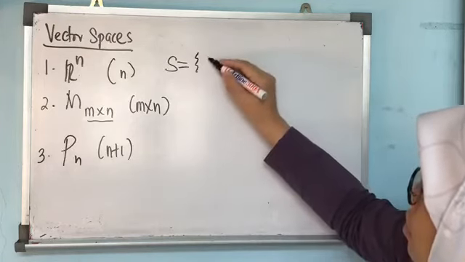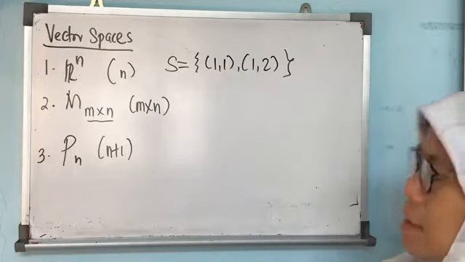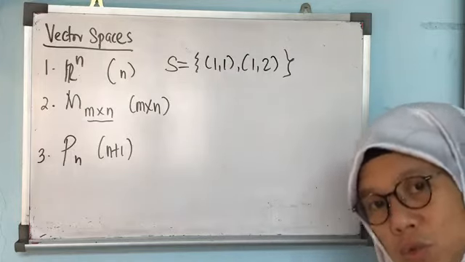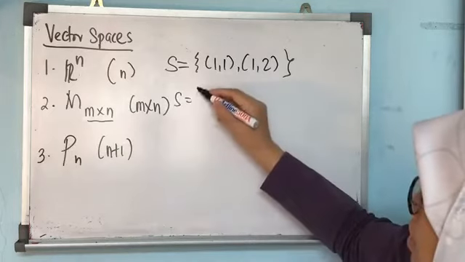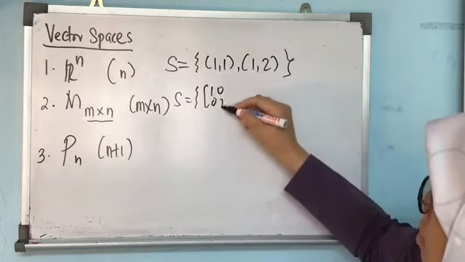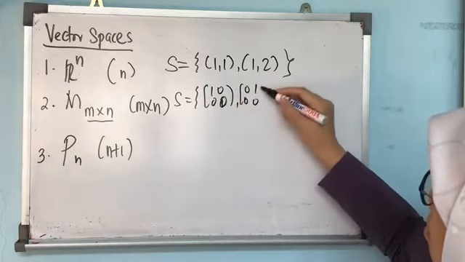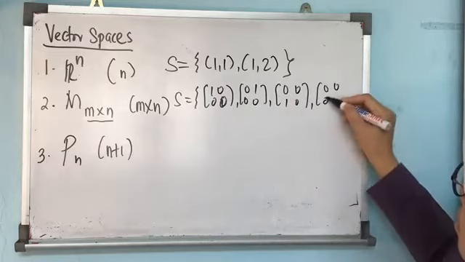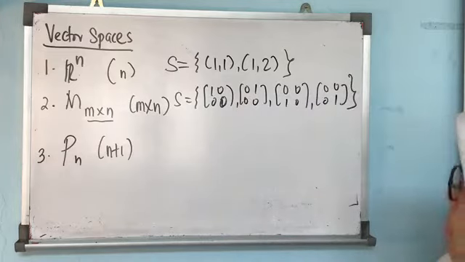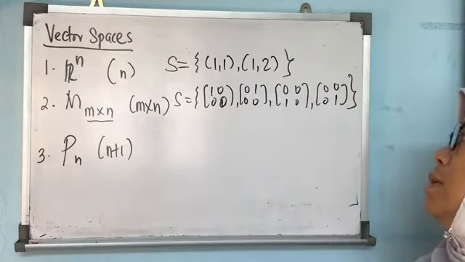Okay, let me give you an example. Just now, we say that m is 2, n is 2. For matrices, this is one example. One here, one here, one here, one here.